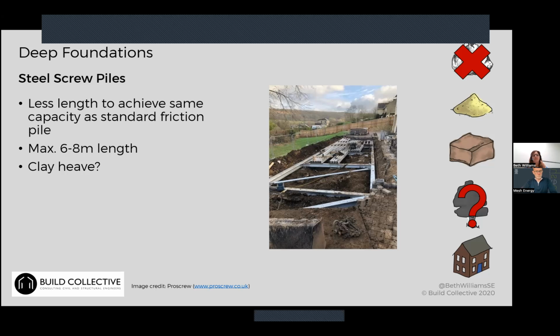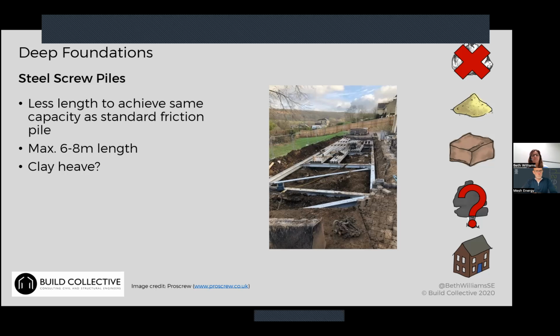I would say that there are a couple of different genres of screw pile manufacturer. There are the really small domestic ones, which are mainly for putting up sheds, the screw piles that look like large wood screws, and they generally come around 2-3 meters in length at a maximum. They are definitely for the less habitable type of spaces, like your garden rooms, your sheds, your pergolas.